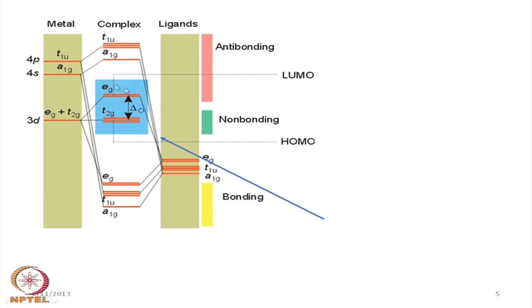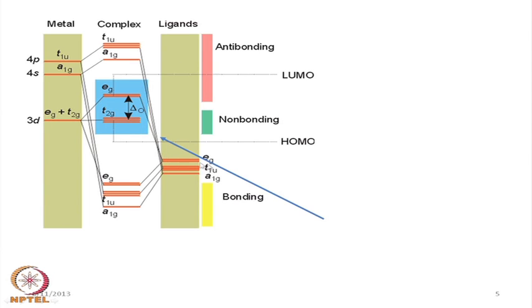So we have only the acceptor level available, which is the Eg star or Eg antibonding level. Similarly, if we go up further, we will have the antibonding orbital of A1g symmetry because it is interacting with 4s, and the antibonding orbital of T1u symmetry, the T1u star. So they are of much higher energy levels.